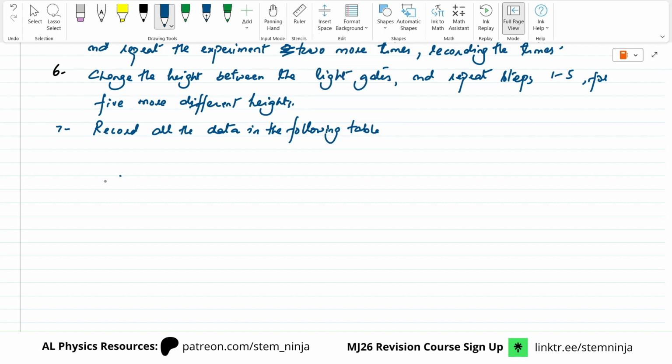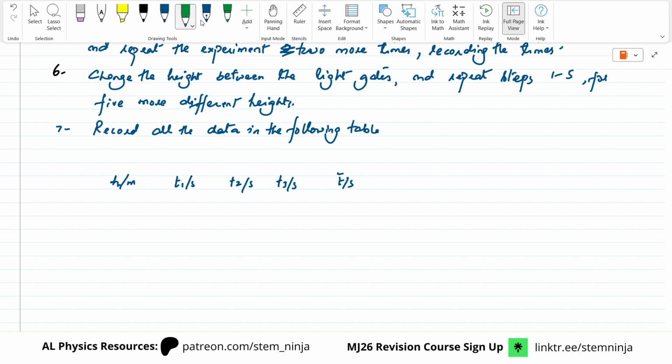Let's call it height, meters, because for every height we are performing the trial three times. So T1 seconds, T2 seconds, T3 seconds, and the average time, actually let's put a bar over that, for all of these trials. Are we missing anything?